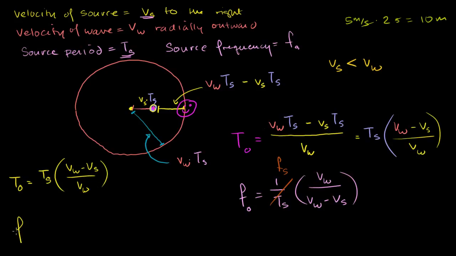The frequency from the point of view of this observer is just the inverse of that, which is the frequency from the point of view of the source times the velocity of the wave divided by the velocity of the wave minus the velocity of the source. In the next video, I'll do the exact same exercise, but I'll think about what happens to the observer that's sitting right there.